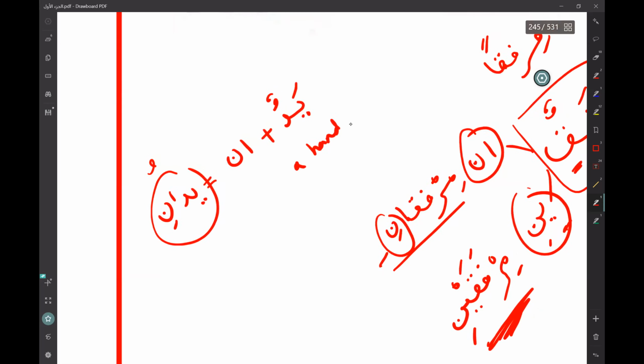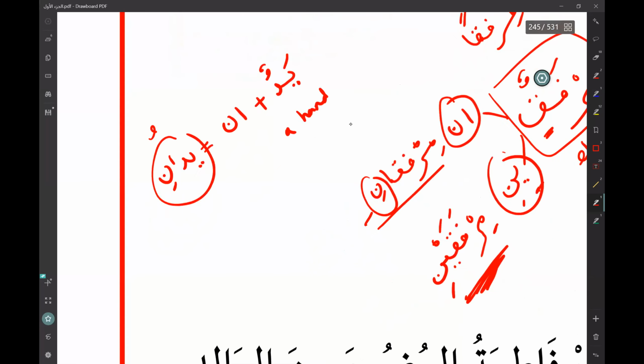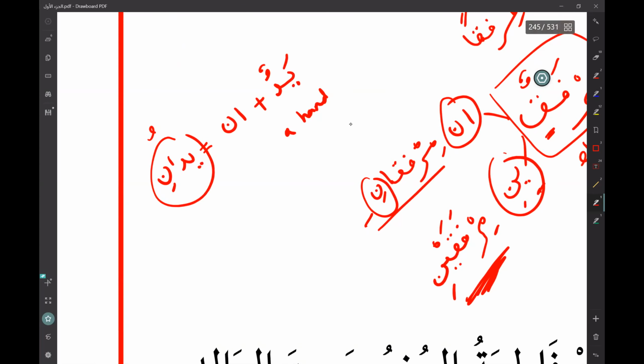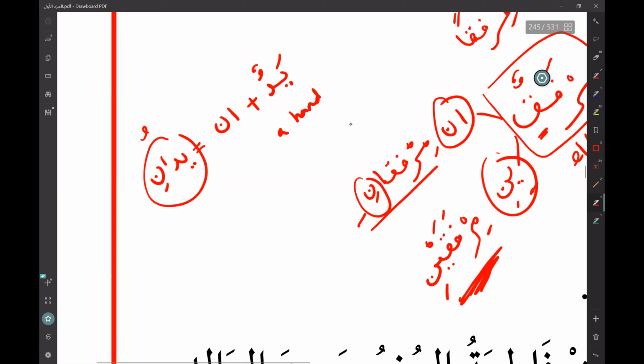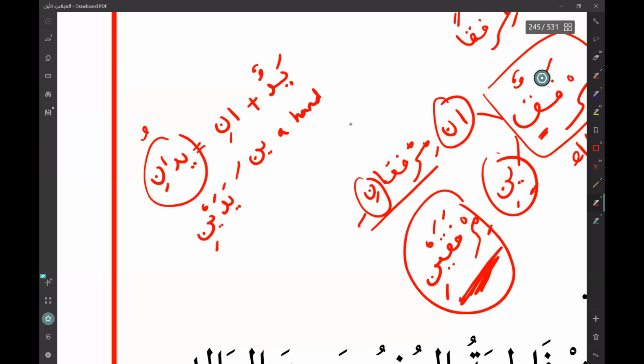Because I don't think this book is talking too much about grammar concepts. But when you are putting this word in a what? In an object form, I just explained to you, instead of adding alif and nun, you have to add what? Ya and nun. So you say yadayni. Clear? Same thing, mirfaqayni. And you can do this with any noun.